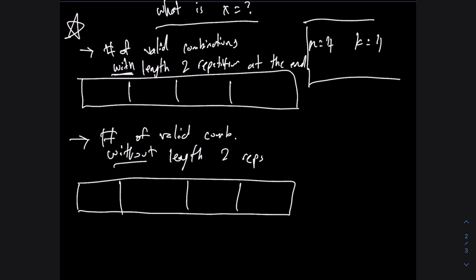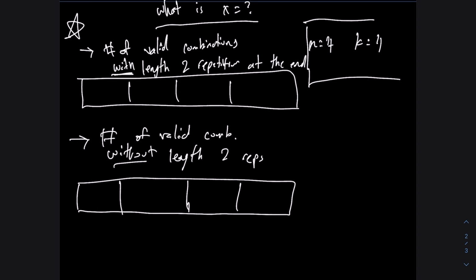And of course, it's key to note that if we sum up x0 and y0, that just gives us the total number of valid combinations, right? Because that would give us the number of valid combinations with repetition and the number without. Together, with and without, it would just give us all of the valid combinations.